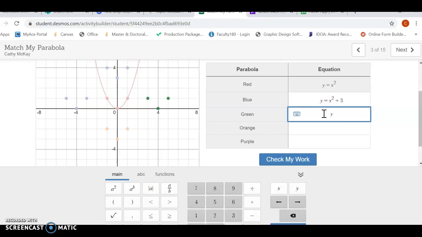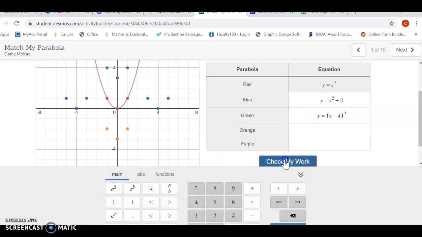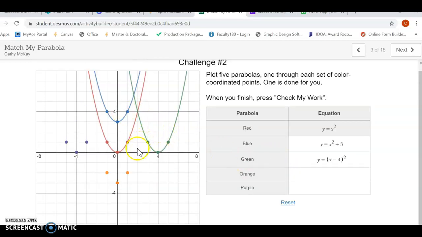So y equals, I'm going to put parenthesis x, and then I'm going to have to use the minus sign that's in the keypad, minus 4, and then I put the end parenthesis, and then go ahead and go square. And I'm going to go ahead and check my work on that. Look at that. I've got them both right.